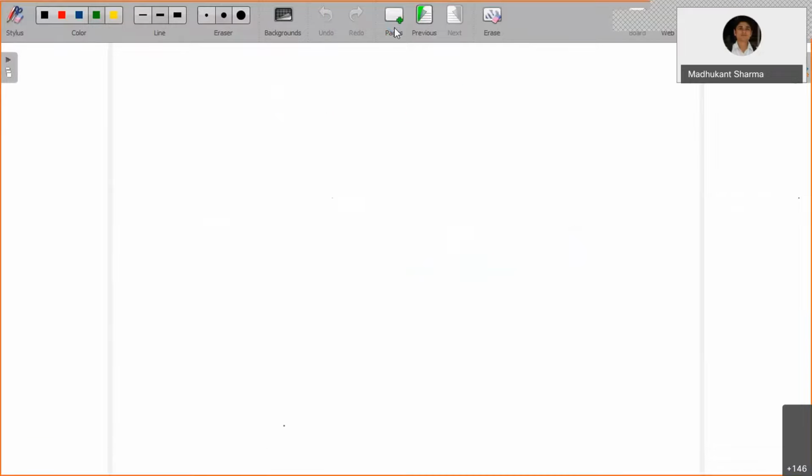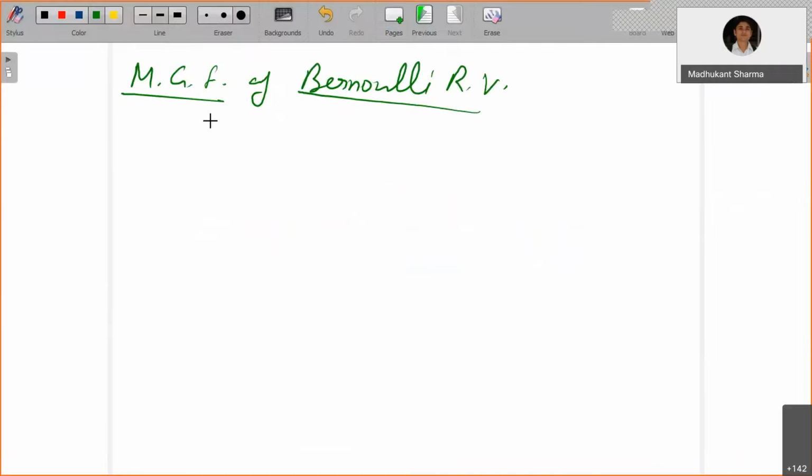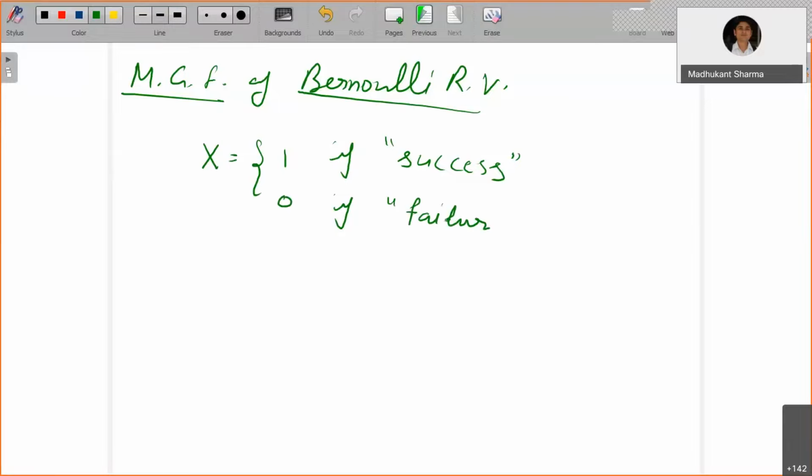So if you look at the Bernoulli trials, the moment generating function of a Bernoulli random variable. So X follows the Bernoulli distribution, meaning X equals 1 if your outcome is a success, and 0 if the outcome is a failure.